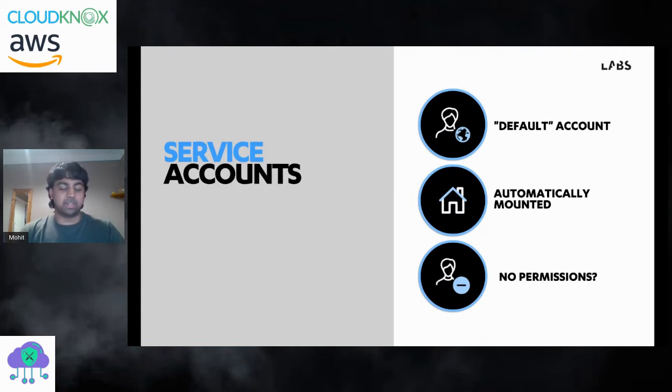But this is typically something you should avoid, because if you assign any permissions to this default service account for one pod and another pod is also using it, then that other pod would also have those permissions, breaking the principle of least privilege. So it's typically recommended to disable the auto mounting of these default service accounts and create bespoke service accounts each time you need one.